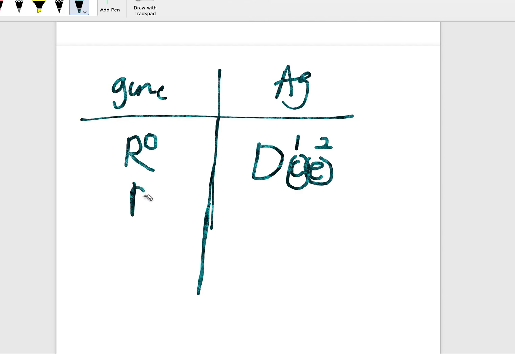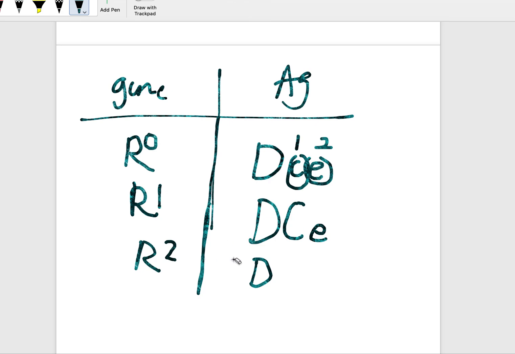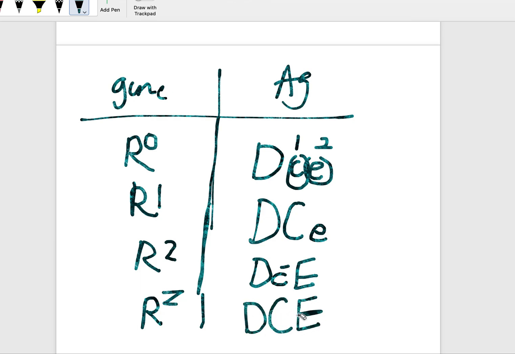So sometimes we have R1. R means the capital, 1 means position 1 capital, and we put the C capital with E small. And when we have R2, it means position number 2 is positive, so C small, and position number 2 is positive. In case of RZ, both C and E are positive.